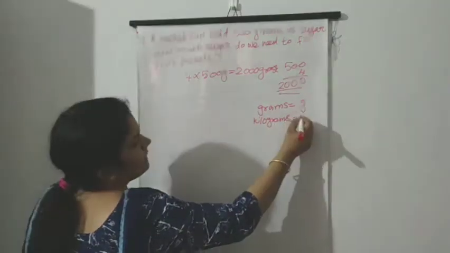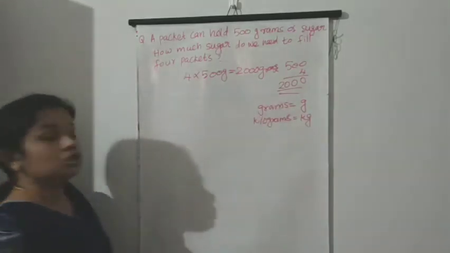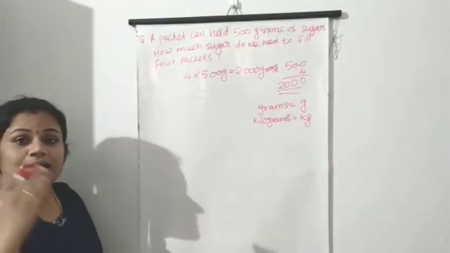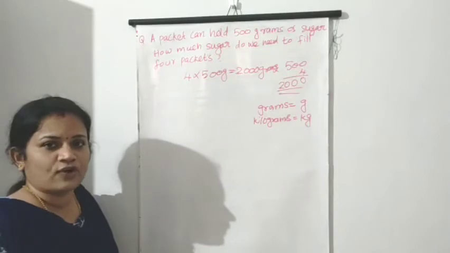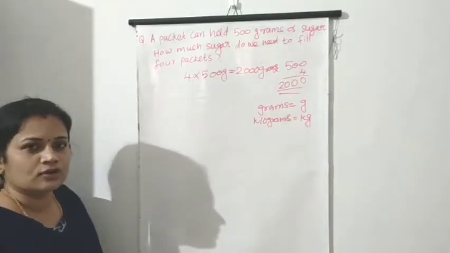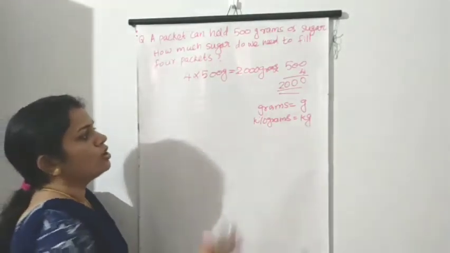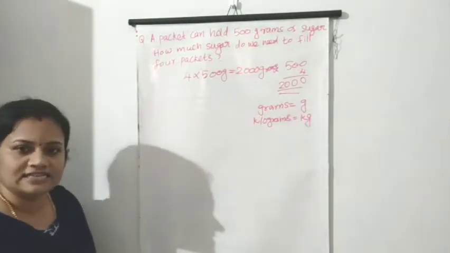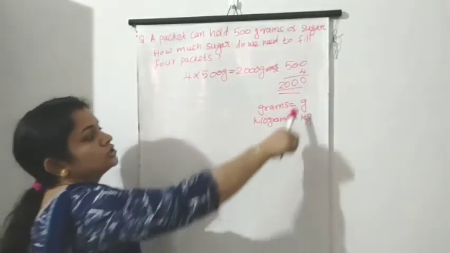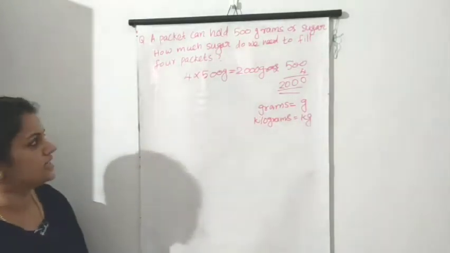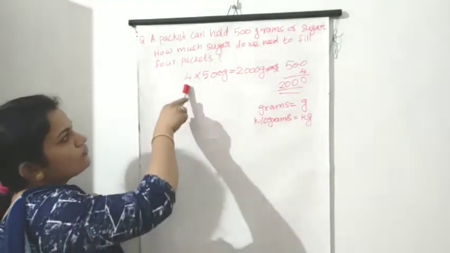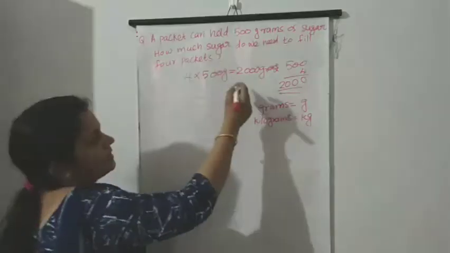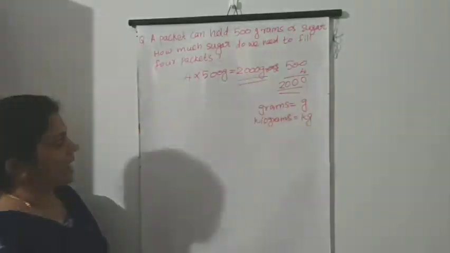What is the short form of kilograms? kg. Then we already studied the milliliter. What is the milliliter short form? ml. Liter short form? L. So gram short form is G. Kilogram short form is kg. So now we are using the short forms G and kg. So here we can write 4 into 500 gram equal to 2000 gram.